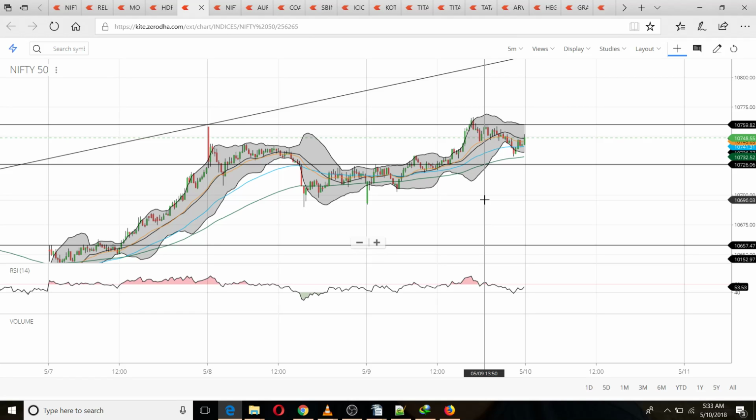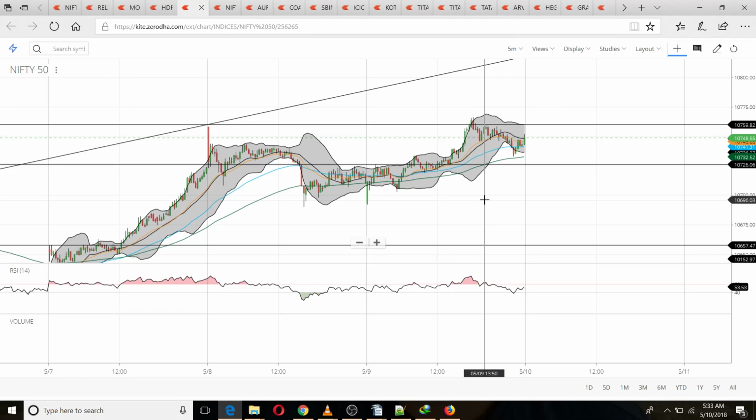Or the second way is, though this is not giving the signals as you are expecting, though this is not moving the way you are thinking, what you can do is go in the direction that it is currently moving, because it will not go in the direction you are thinking.